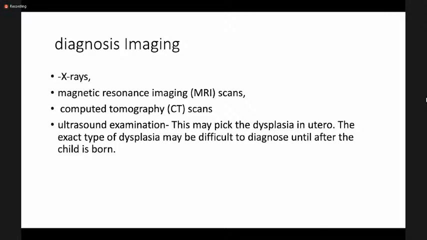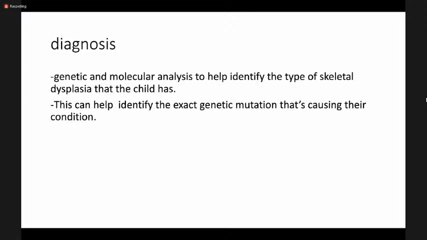The exact type of dysplasia may be difficult to diagnose until after birth. As I said, you need to go further to genetic and molecular analysis to help identify the type of skeletal dysplasia that the child has. So this can help identify the exact genetic mutation that is causing the condition.